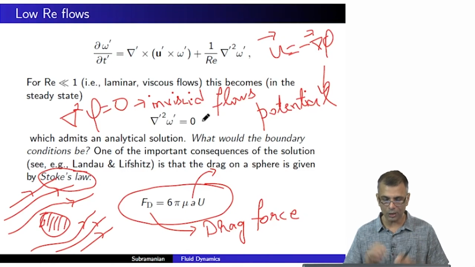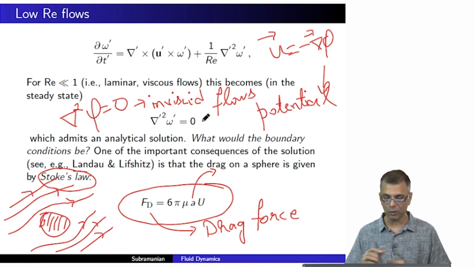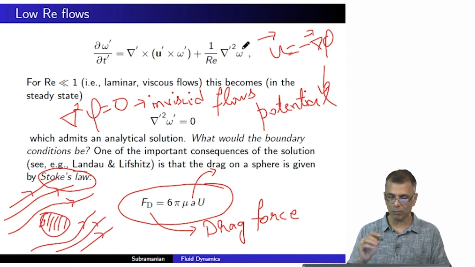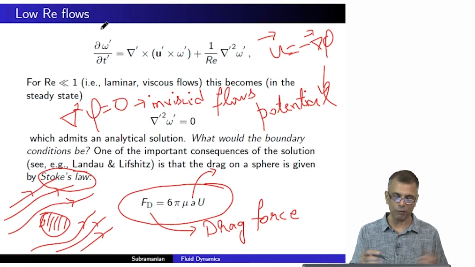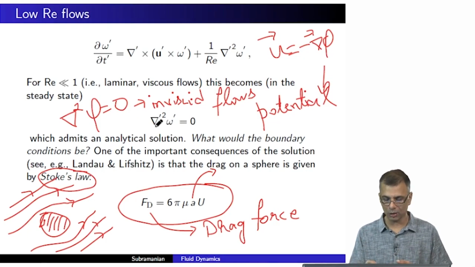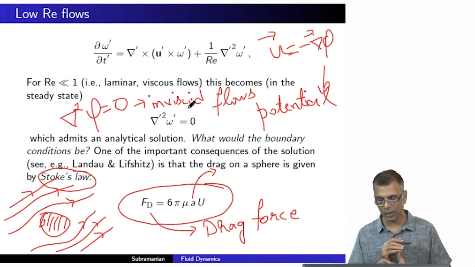So just to summarize the import of this particular discussion, for low Reynolds number flows, only this term is important. In a steady state situation, the rest of the terms, by definition, go away. And since this is much more important than this, the equation essentially boils down to this.